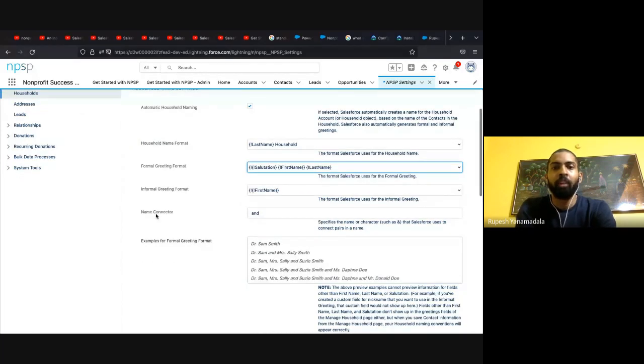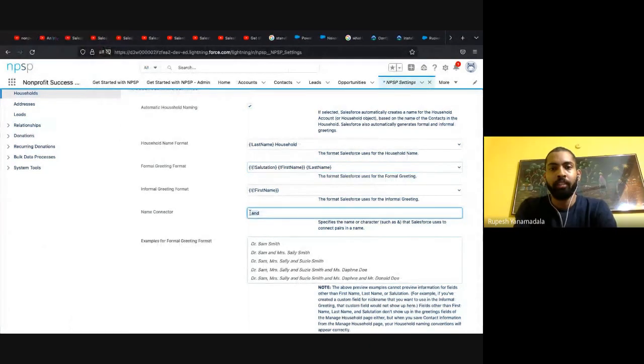And this name connector: a household is nothing but a collection of contacts, right? So whenever we refer to a household, it's simple. When we post an invitation card, it will just say Mr. Rupesh and family, or Mr. Rupesh and so on.